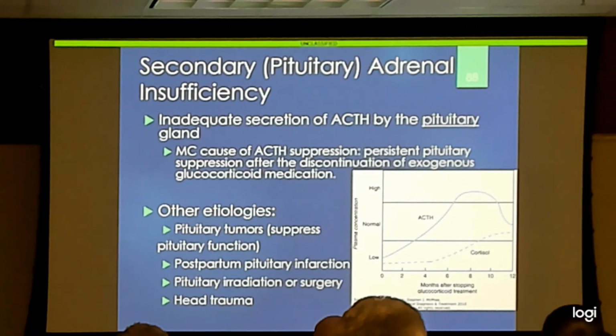Let's say I gave you 50 milligrams of prednisone. Just trust me, that's a lot. Every day for 2 weeks, and you just stop it. What's going to happen to my body if I just stopped it and didn't taper it down? Exactly. I don't have time to make sure I have enough cortisol come back up.